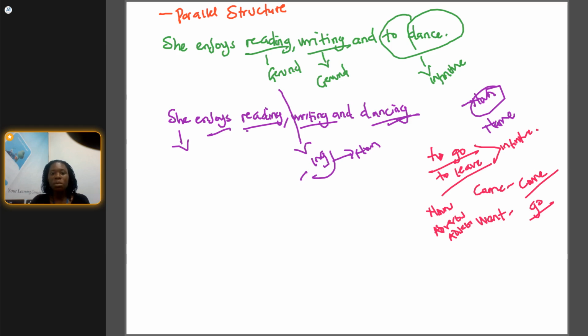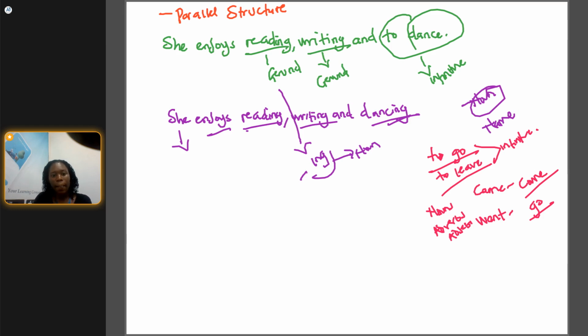So going back to parallel structure, she enjoys reading, writing: gerund, gerund, and infinitive is not part of gerund, so it's wrong to have it in this list. To have a smooth consistency, you say she enjoys reading, writing, and dancing.